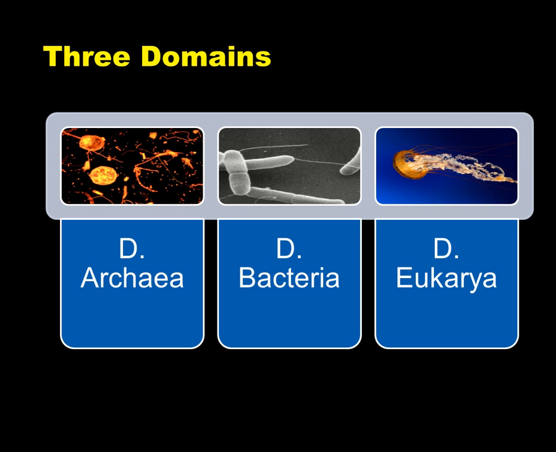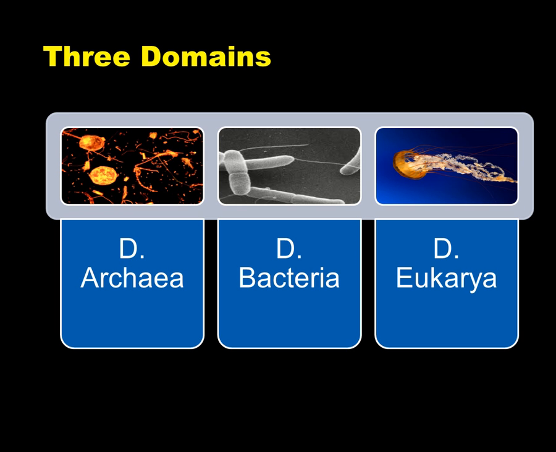Common characteristics between these domains is that they are all going to be comprised of at least one cell. Each of these will be comprised of at least a single cell. And maybe I should better clarify this. Domain archaea and domain bacteria exist as single-celled organisms.